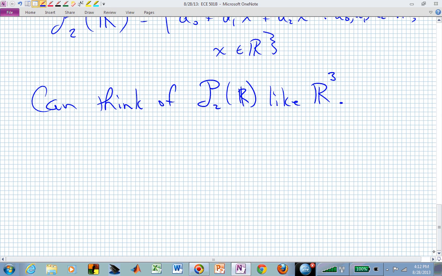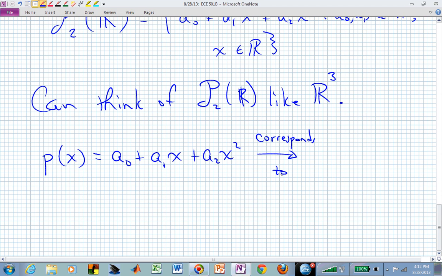If we simply pulled something out of this second-order polynomial, let's call it P of x, that arrow I'm using to say corresponds to a vector a sub 0, a sub 1, and a sub 2.